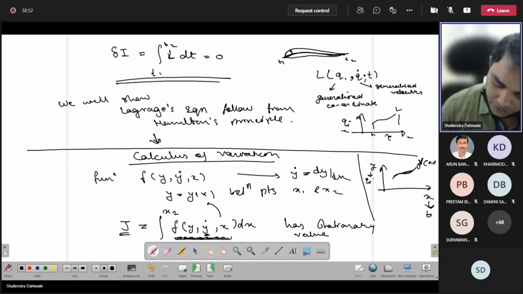Okay, so it depends on this y equal to y of x, and this f is therefore not a function but is called a functional.